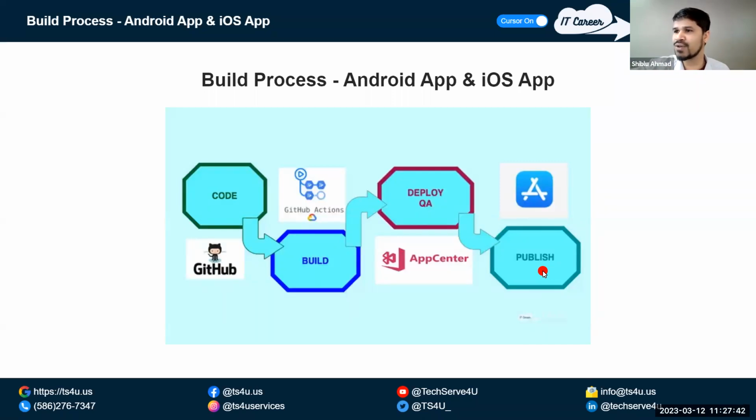And actually, you can use the simulated version. Simulated version means software-based simulation. You can use the software-based simulation, or on your Android device, you can enable developer mode to get this new app, and you can test it.